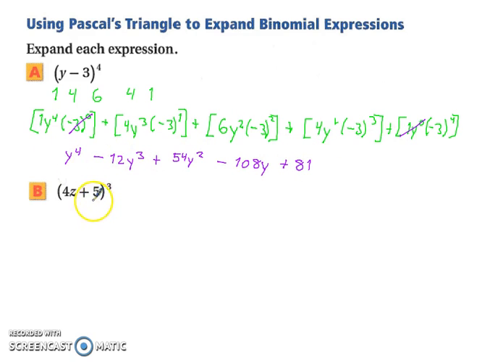So each one matches up. We've just simply simplified each aspect.